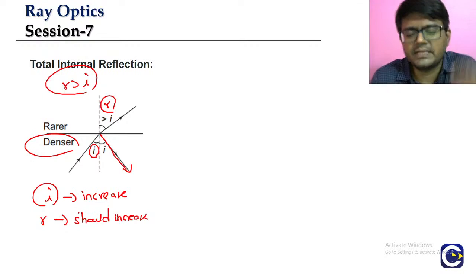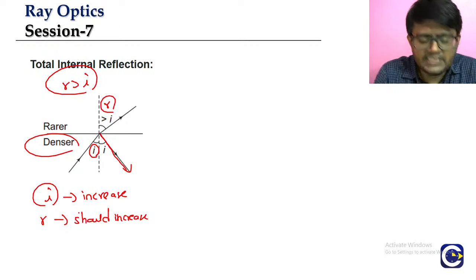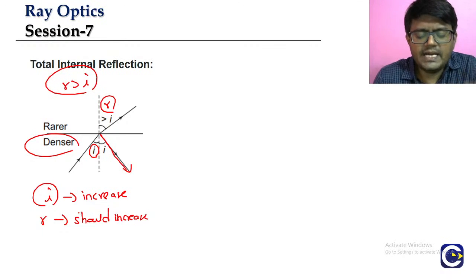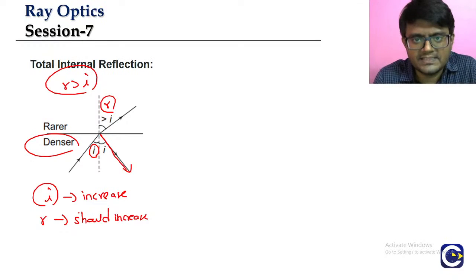Just to tell you some numbers, maybe let us say initially i is 45, I'm just telling some number. r is, let us say, 60. Make i as some 50, maybe r will become 73. These numbers are not exactly correct, but it will increase.